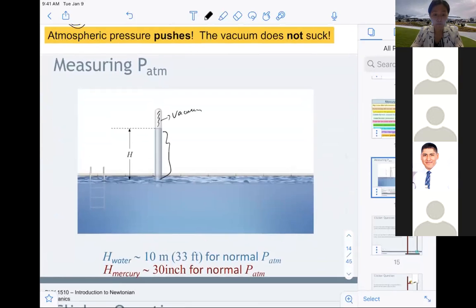The height of the water would be 10 meters, which is about 33 feet, for one normal atmosphere pressure, because the water's density is so much smaller than the density of the mercury. As a result, you can support a higher height of water than you can support mercury. You can switch out to any other kind of liquid, but oftentimes people use mercury as a way to measure how much pressure there is.